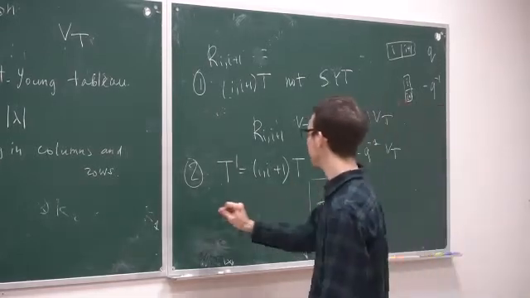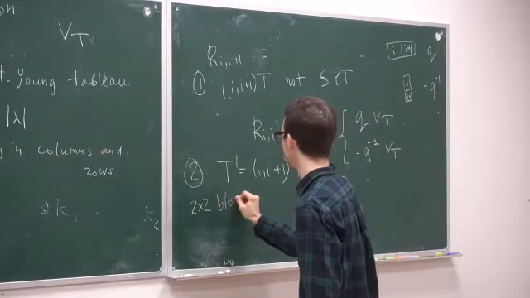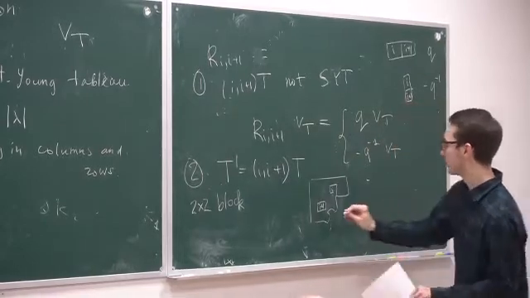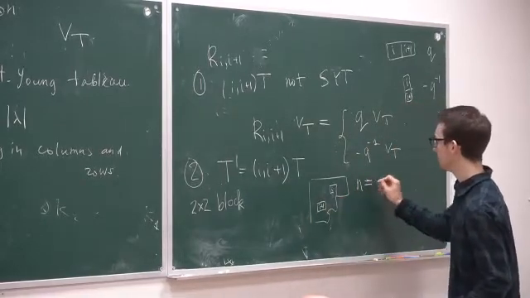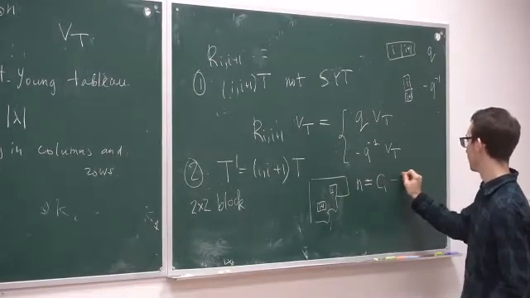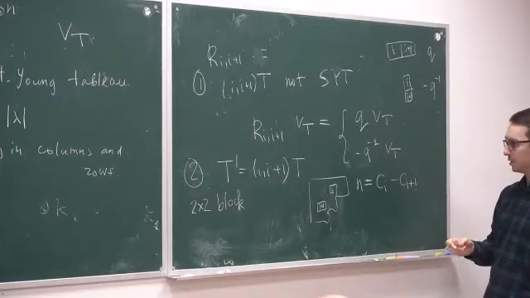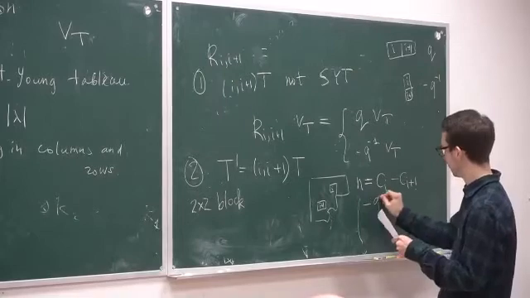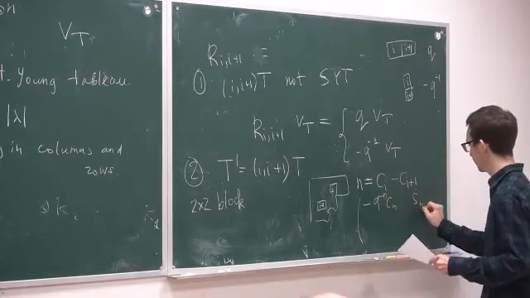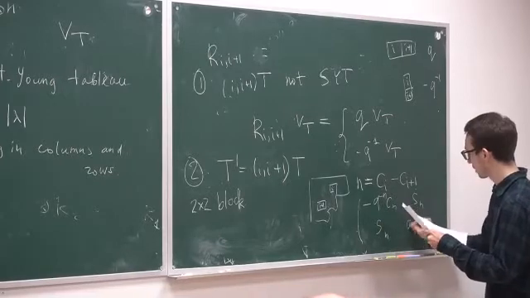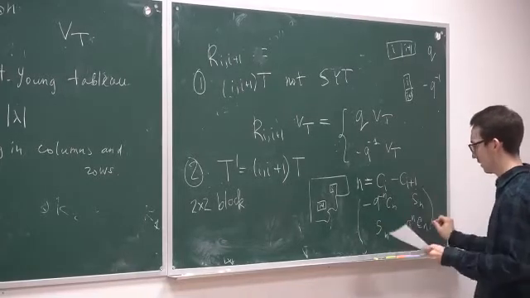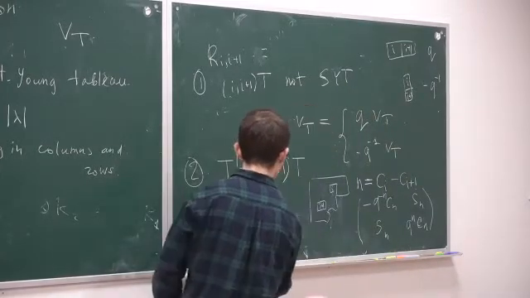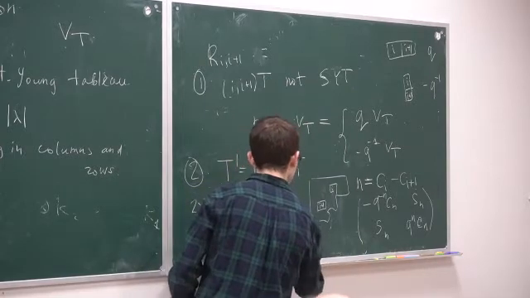Then there is a 2 by 2 block corresponding to this. This is called the flip case, and it is the following. There is m, which is the difference of contents of these two boxes, i minus i+1, and the 2 by 2 block is built from minus q, minus c_m, s_m. It can be chosen in orthogonal form, where c_m is 1 over m, and s_m is the square root of 1 minus c_m squared.